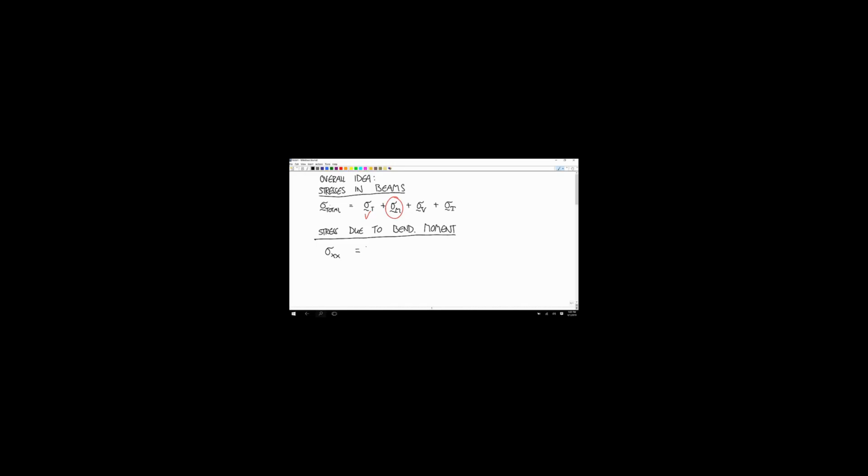And the formula for it is negative bending moment Y over I, where Y is the height relative to the neutral axis.